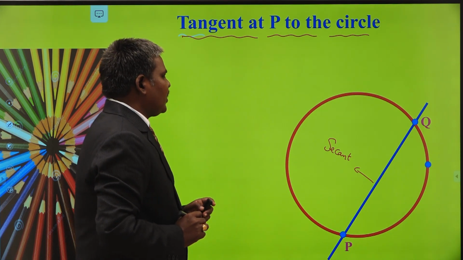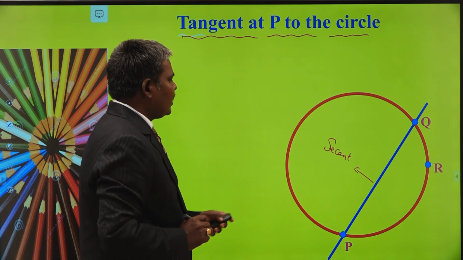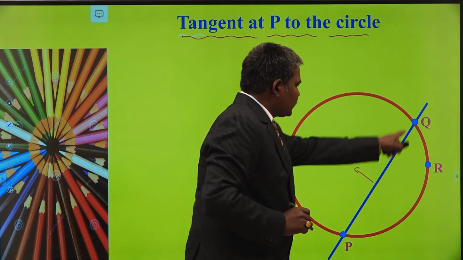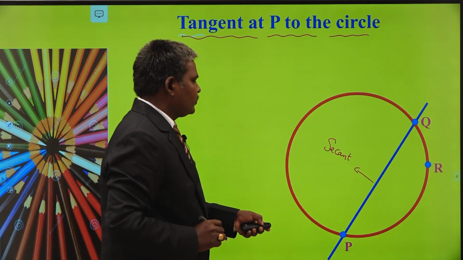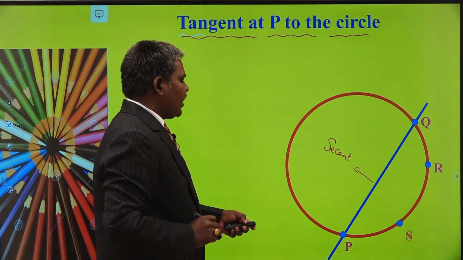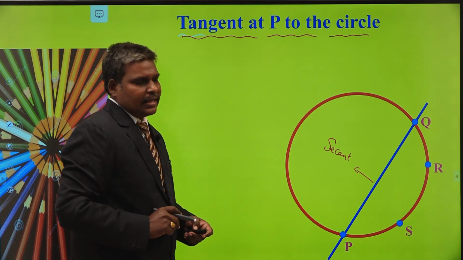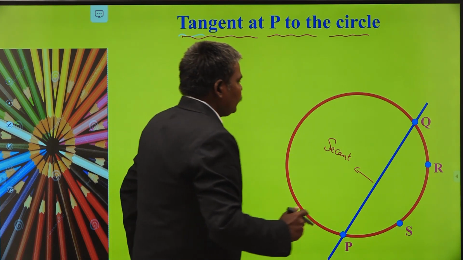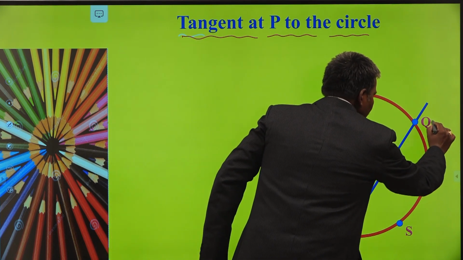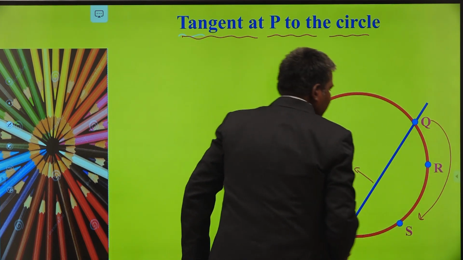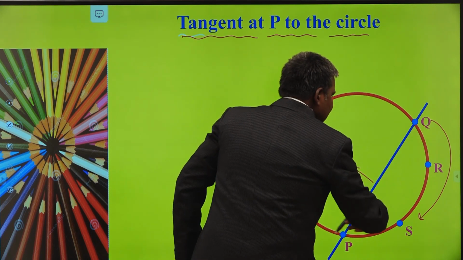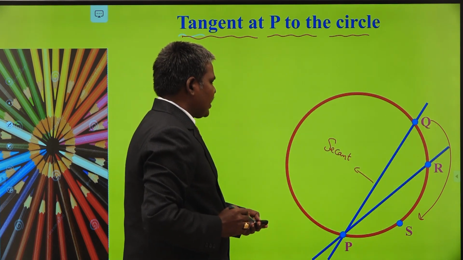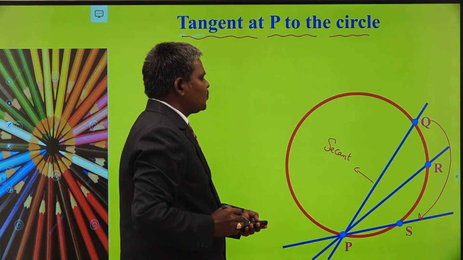This is one of the points R on the circle as shown in this figure. This is another point S on the circle. Now, your point Q moves on the circle in this manner, then the secant becomes what? The secant is varying in this way.